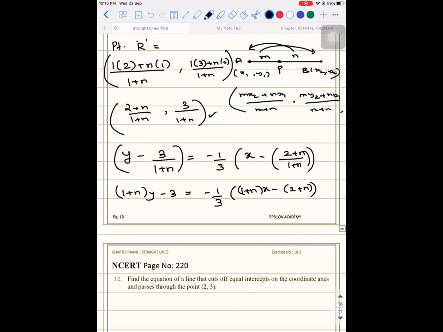So cross multiply and solve, you will get the answer. Done.